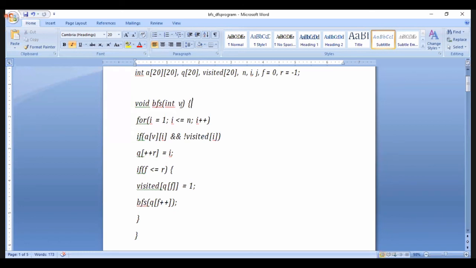After that, I pop from the queue, mark that particular vertex as visited, and pass it to the BFS function again. Again it is a function call, and whatever item is popped will come into picture. Again our loop will start. A of V of I means again it will see the adjacent vertices, right? I will become 1, 2. We are in the loop, right?